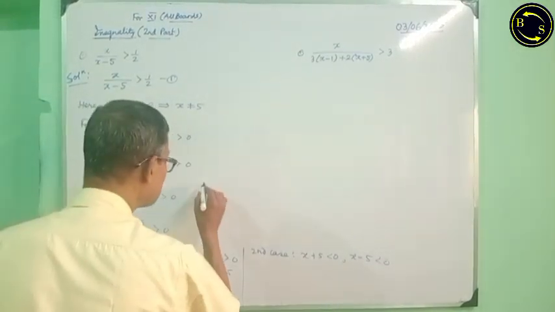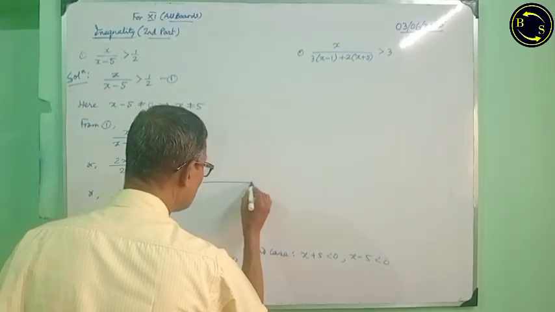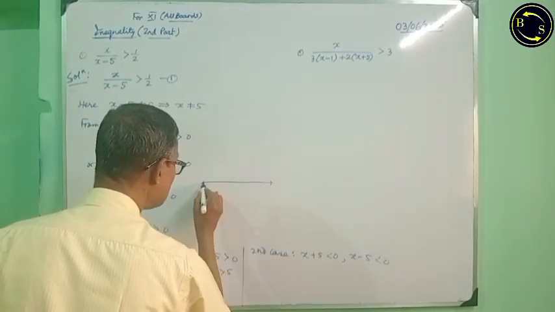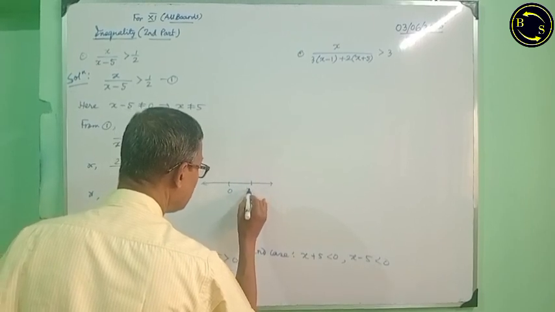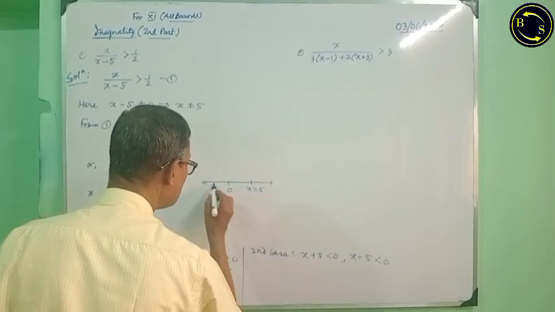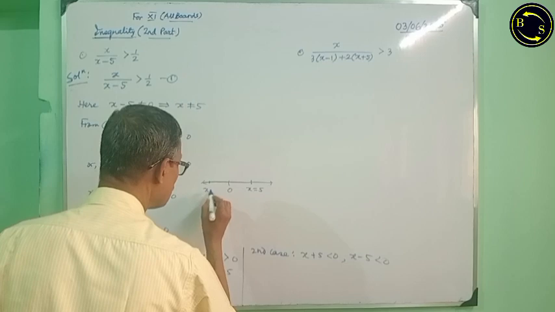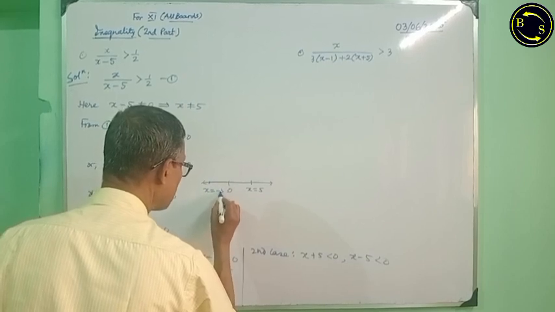If we represent that on the number line, x equal to 5, say this is x equal to minus 5.